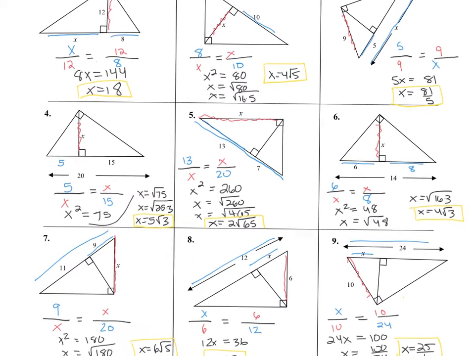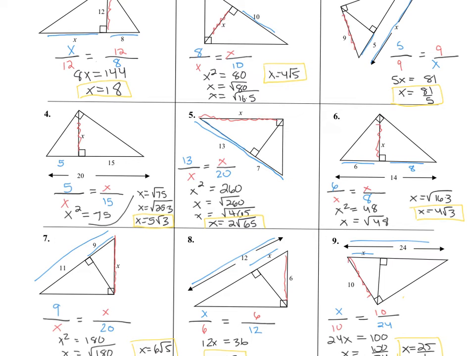For the next 3, 4, 5, and 6, number 4 is an altitude problem, and so that is my mean right there in red. And then I know that I need the parts.